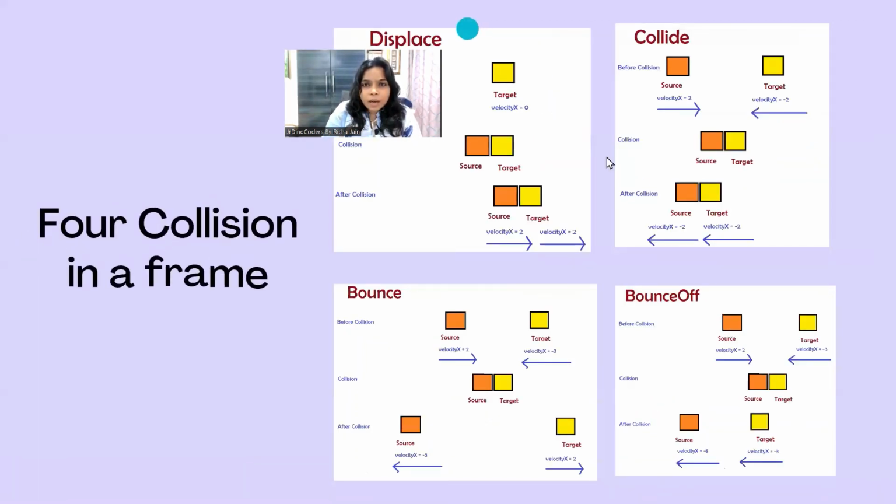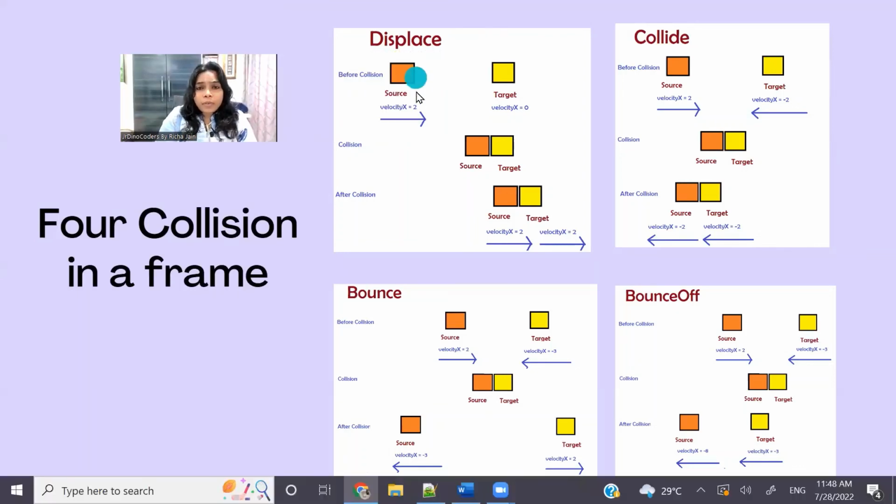This is a complete view of all the 4 types of collision. So let's revise them quickly. In displace, after the collision, target takes the velocity of source. In collide, after collision, source takes the velocity of target.